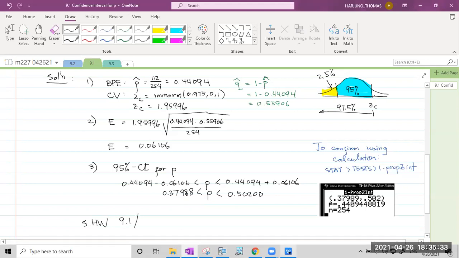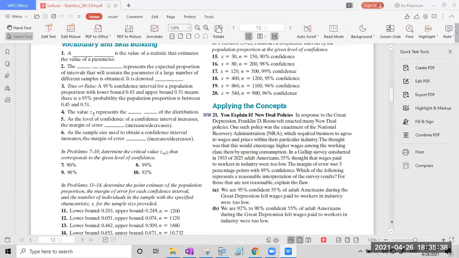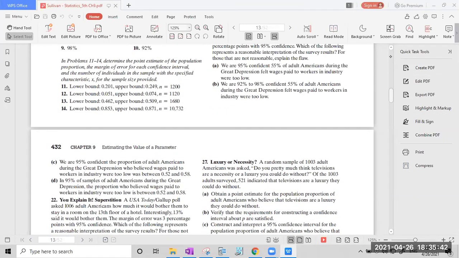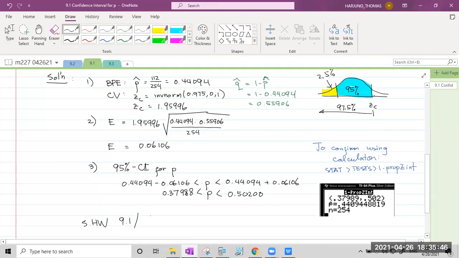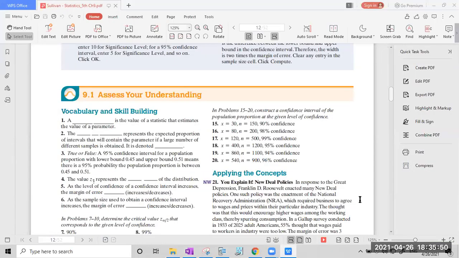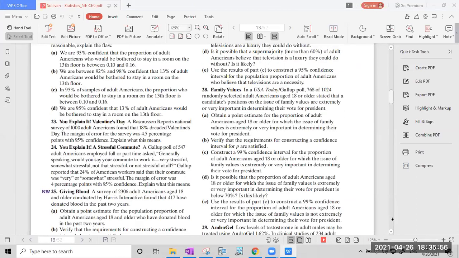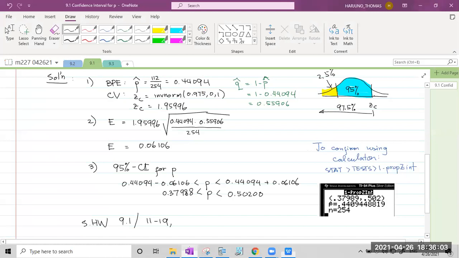In 9.1, I need you to do number, actually you can start working with number 11 to number 19, and then 25 to 29.